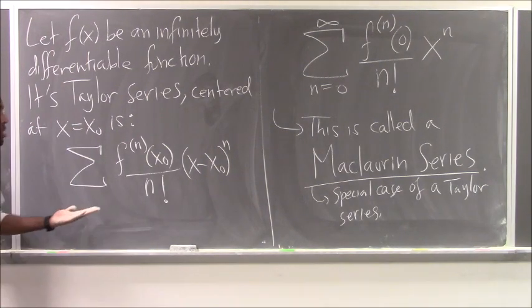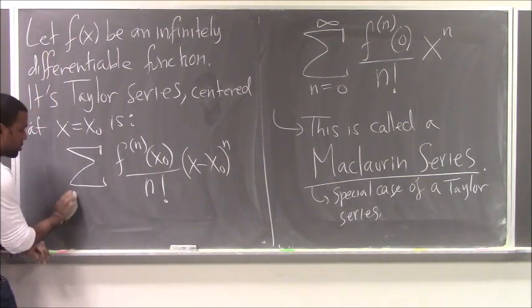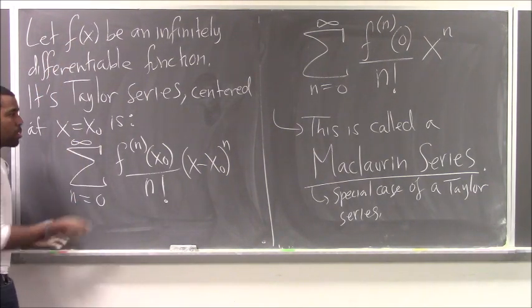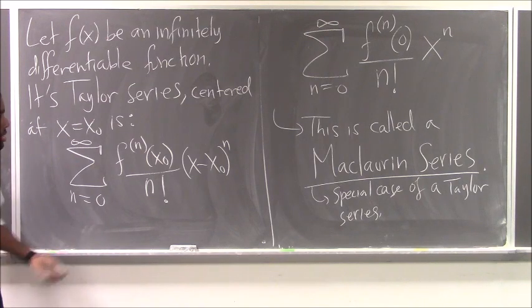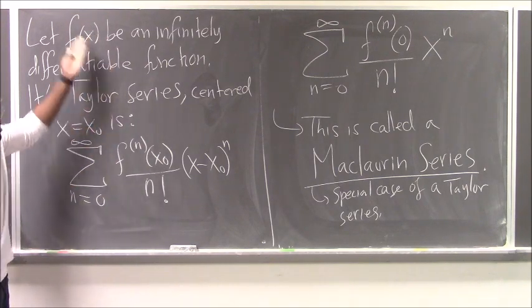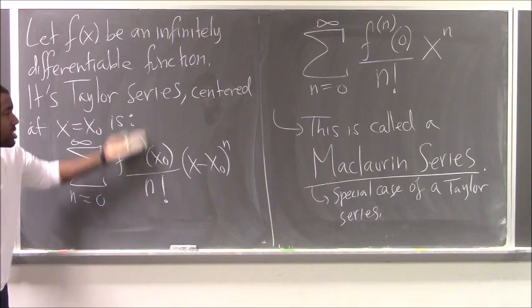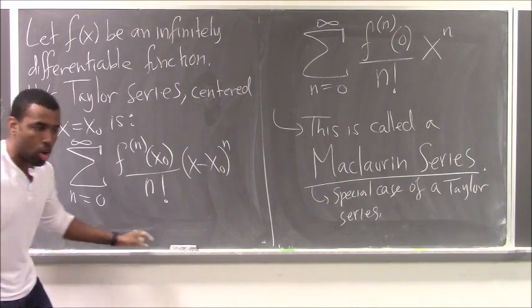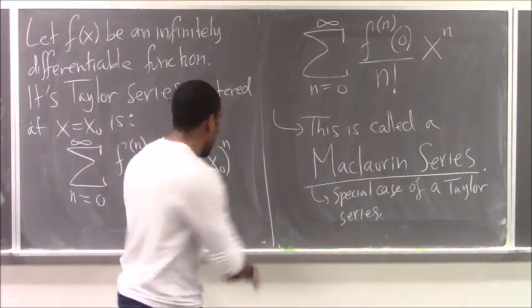It is a power series that would represent this function. And we're going to have to talk about how well it can actually do this. Can I think of this function as being interchangeable with its power series? The answer is not always, but a lot of the times, yeah.